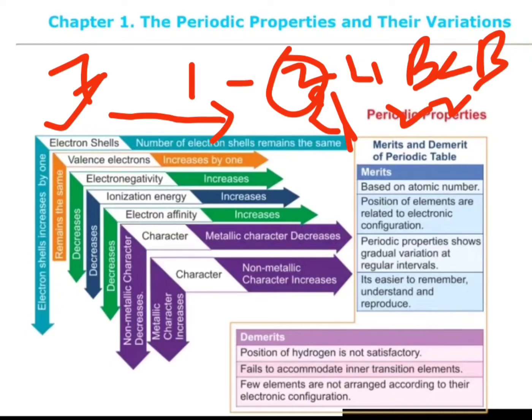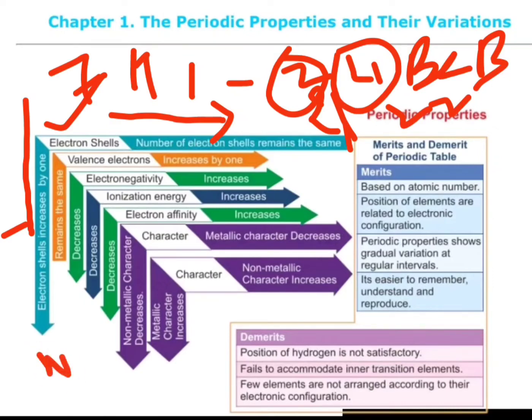Electron cells increase by 1 as we move from up to down in any group. The number of cells will increase 1 by 1. For example, in the first period we have hydrogen in the first group, which has only one cell. Below hydrogen we have lithium, in the second period of the first group, with its valence electron in the second cell.